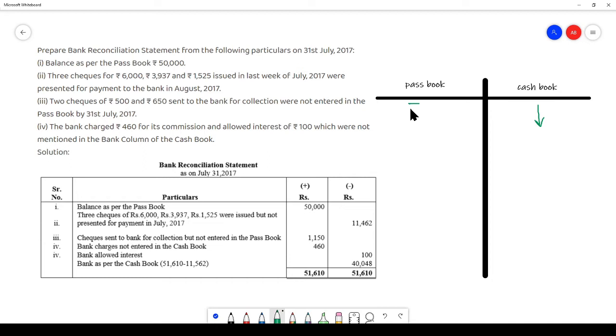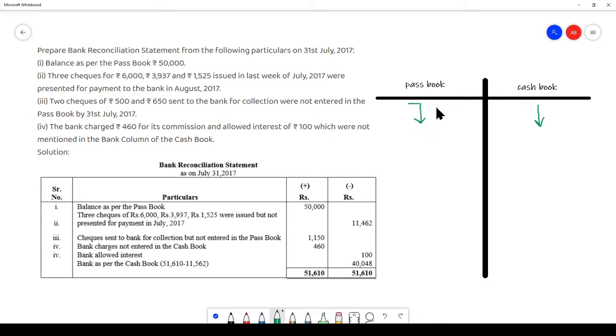Now, in the sum, I am starting my problem with balance as per passbook and I want to reach my cash book balance. So I am just going to move my passbook in the direction of my cash book. In order to make my passbook balance equal to my cash book, I need to move down.